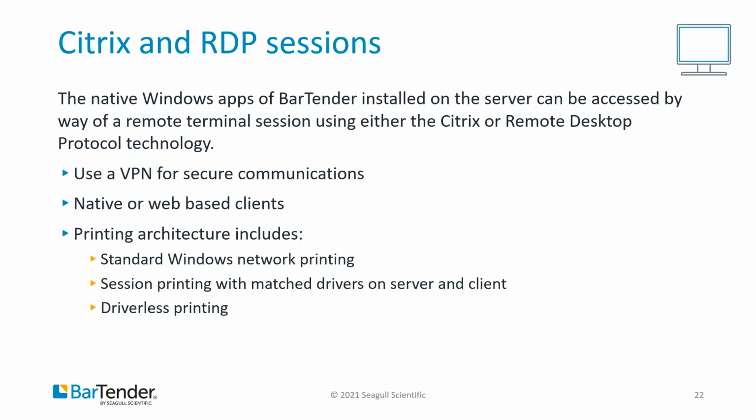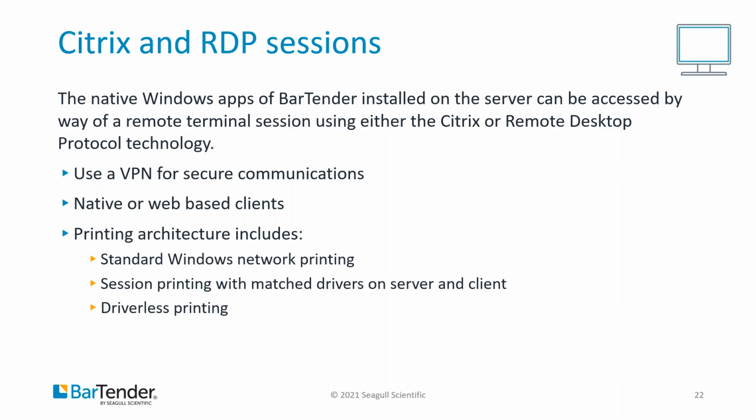If users wish to access some of the Windows native applications from the cloud server itself, as has been mentioned earlier, they can do so using either Citrix or RDP sessions, RDP standing for Remote Desktop Protocol, which is the Microsoft version of Citrix, essentially.